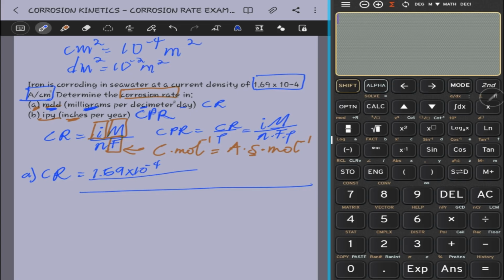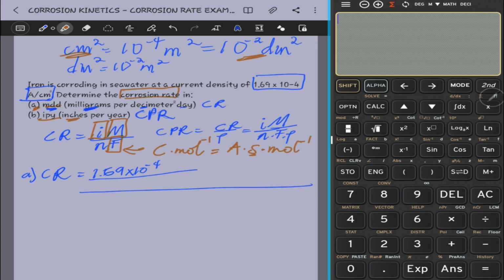So that will mean that what I'm trying to convert here will be equal to 10 to the power minus 2, because this is what I have, and I have decimeter squared.